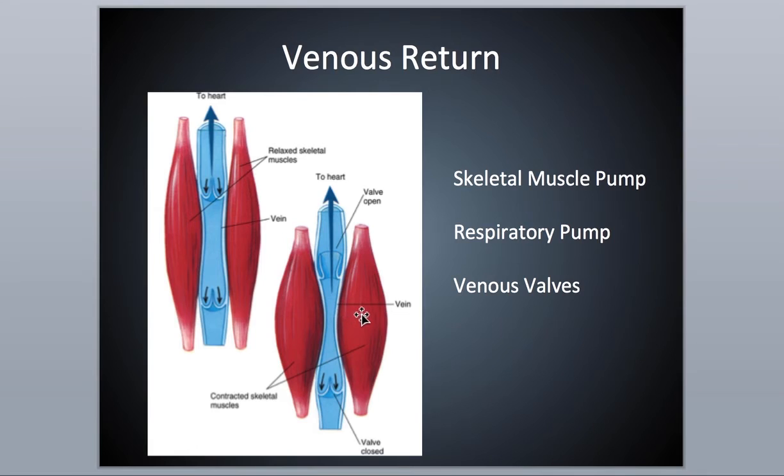If we weren't squeezing the blood, it would be a little bit slower at moving back up to the heart. So the skeletal muscles help with that. Just the simple act of walking and running will cause that milking, or pumping, of the blood because of the skeletal muscle pump.